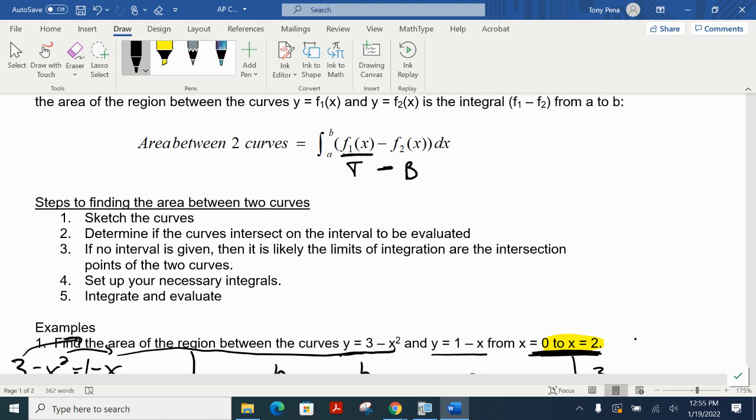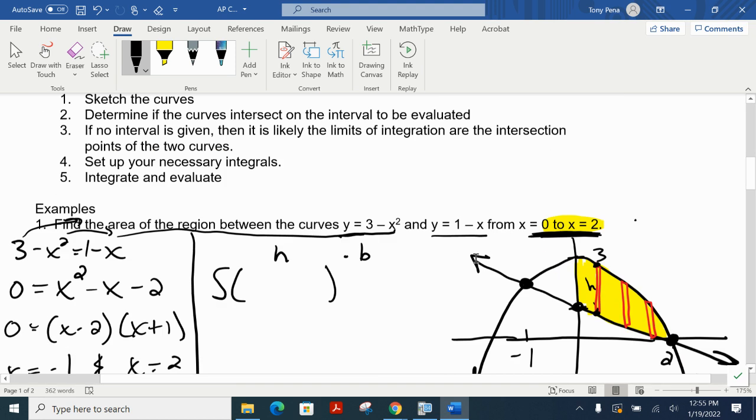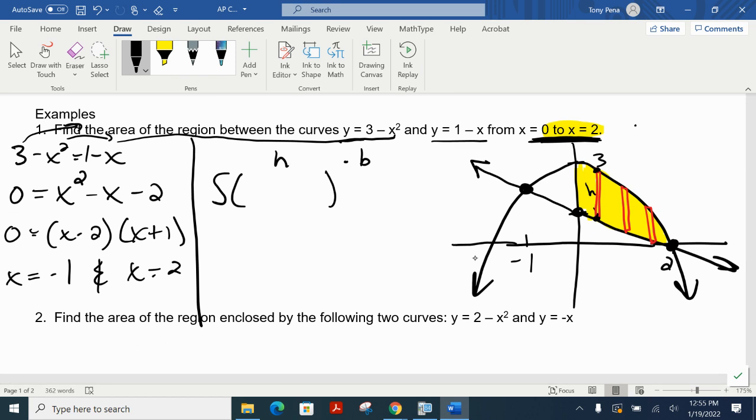Okay, you follow that? For this particular problem, if you look at these red rectangles I have drawn in here, the top of each of these is the parabola. So I'm going to put the parabola in first, 3 minus x squared. Then I'm going to use some parentheses here. I might have to add a little space. And then I want to subtract whatever is on the bottom, which is the line, 1 minus x. That is the height of every single rectangle.